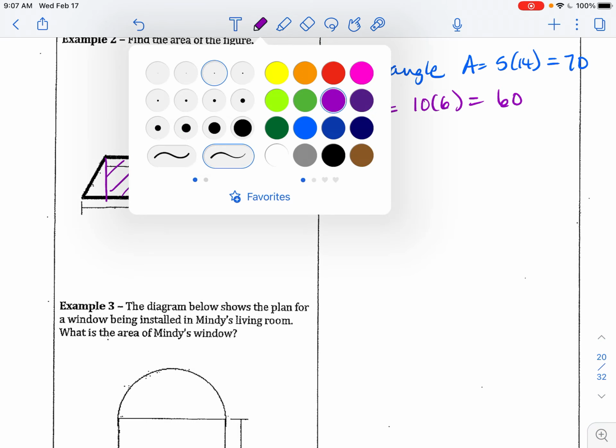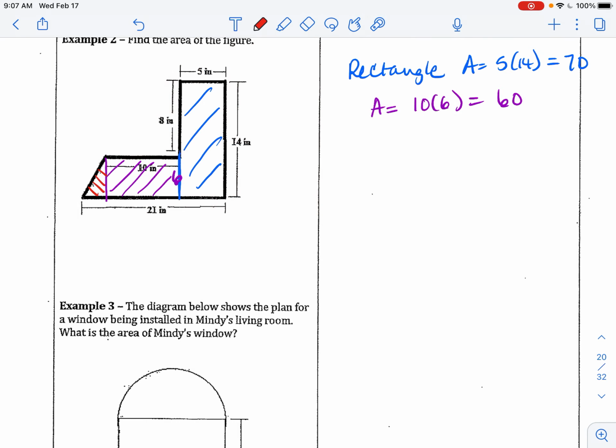And the last figure I've got, I'm going to just use this as a triangle, and the area of that shape is 1/2 base times height. Let's see if I can figure out the base here. If the whole side length is 21, and from here to here is 5, and from here to here is 10, that gives me a total of 15.